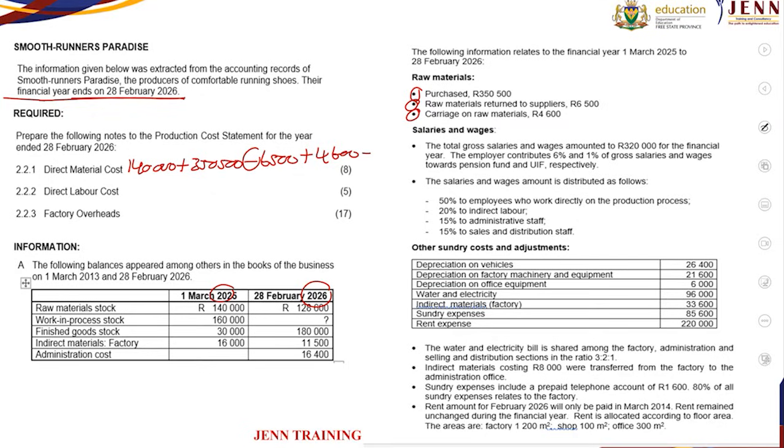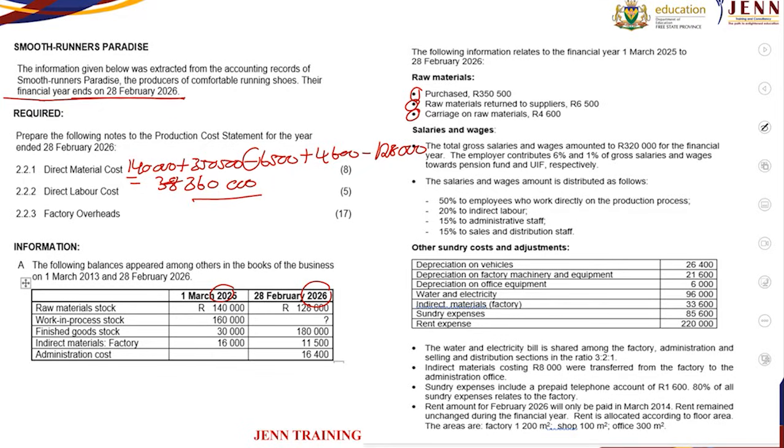Now we go back to 2026. Our closing balance will be 128,000. Now it means our direct material cost will add up to 360,000. I believe we all have the same answer.